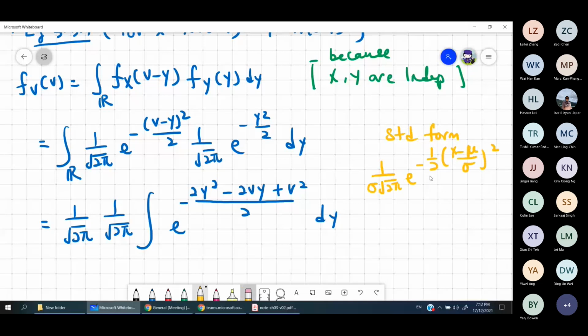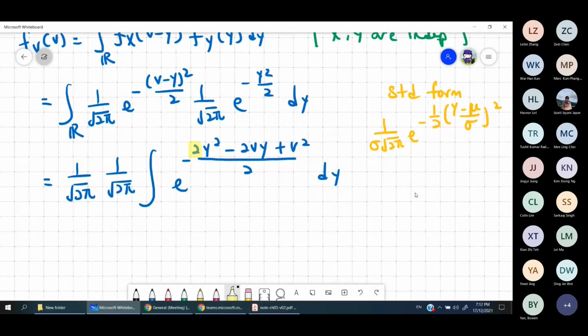Maybe we can say this is y instead of x. So we want to put it in a standard form like this. So we have a 2 over here, so we need to cancel out the 2, or we need to do something about the 2 here.